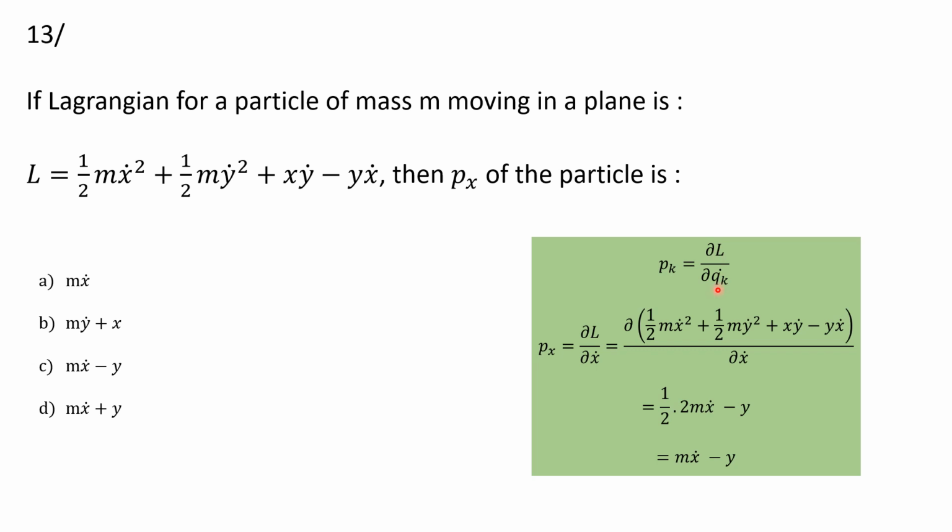Because here we have to find the value of px, we take the derivative of L with respect to x dot, and here px is equal to del L by del x dot, which is equal to half into 2 m x dot minus y, which is m x dot minus y. So here option C is the correct answer.